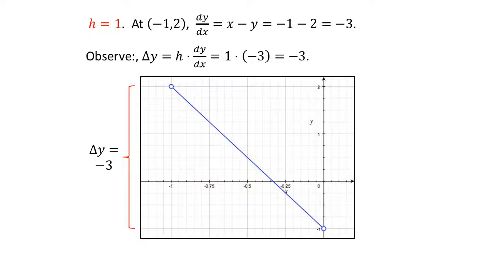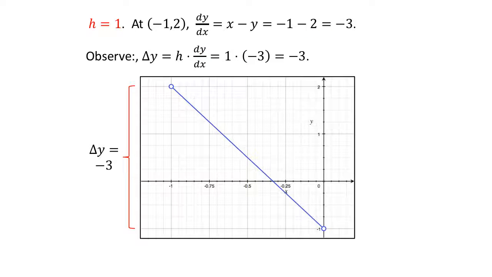So we will travel for 1 unit in the x direction along a line of slope -3. And that will bring us down to the y value -1 when x is equal to 0. Now observe, the change in y here is -3, which is precisely our step size multiplied by the derivative.